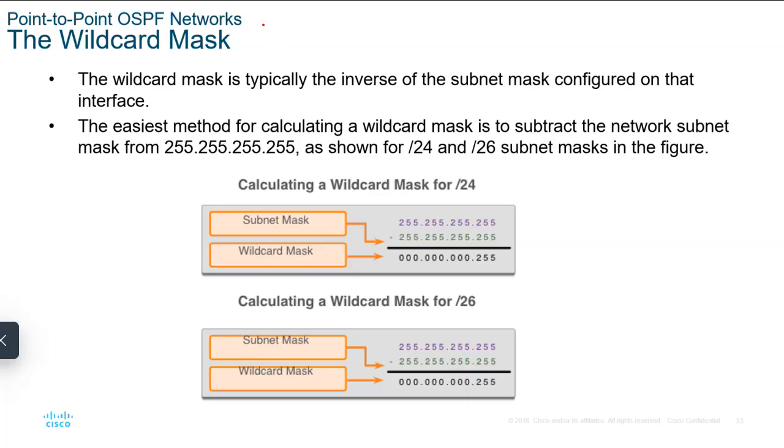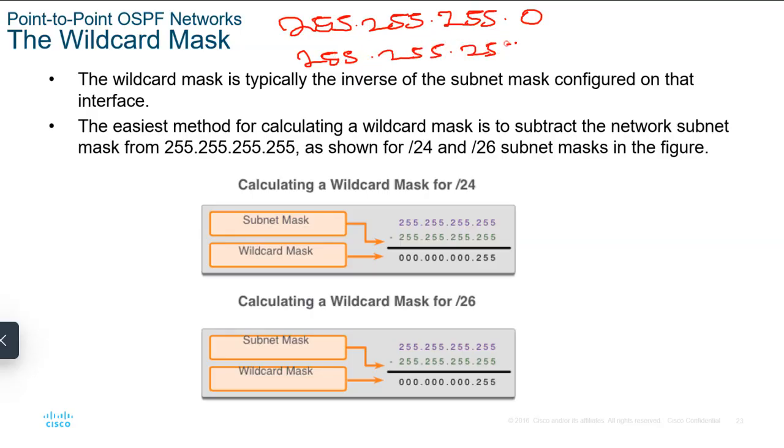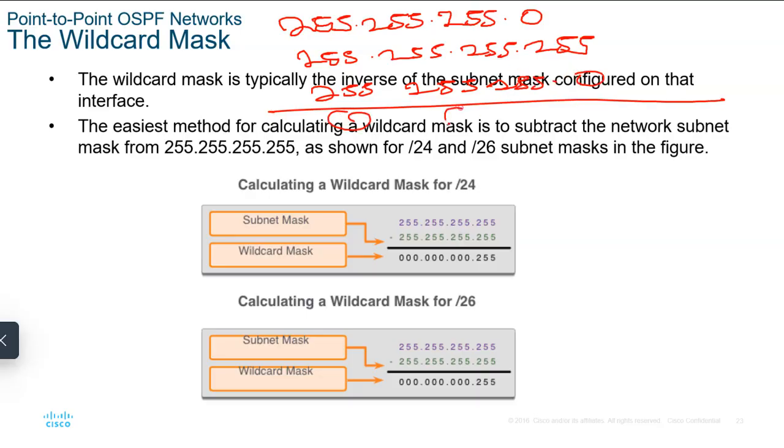So if we have a subnet mask of 255.255.255.0, to get the wildcard you subtract your subnet mask from 255.255.255.255. So here it is 0, 0, 0, and then 255.